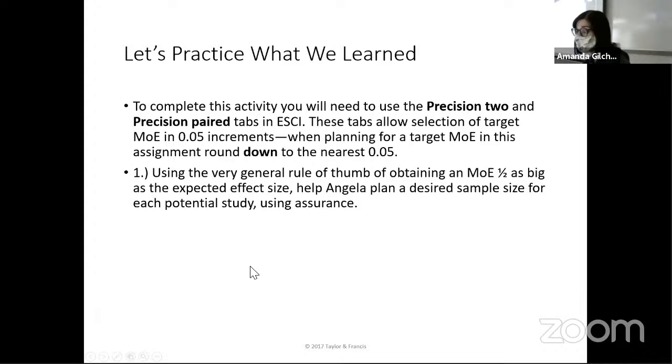And when we're planning for a target margin of error, we're going to go ahead and round down to the nearest 0.05, using the very general rule of thumb. The rule of thumb is that you want a margin of error that is half as big as the expected effect size. Help Angela plan a desired sample size for each potential study using assurance.